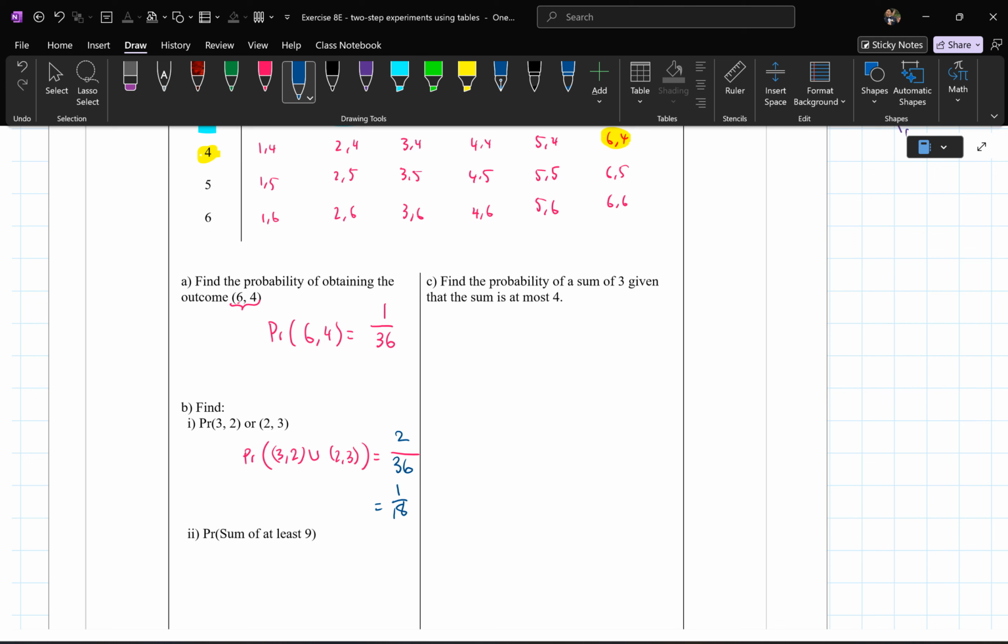Yes? So if it said and instead of or, would it just be 1? If it said and, so probability of getting 3, 2 and 2, 3. How do you get and?